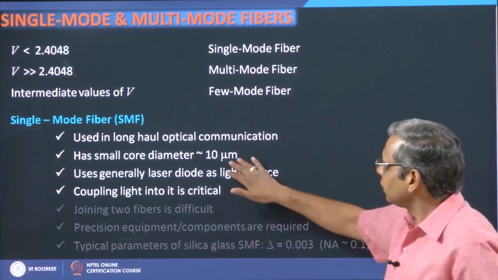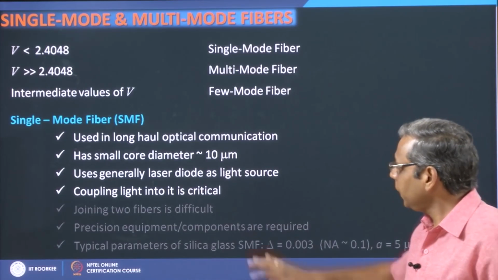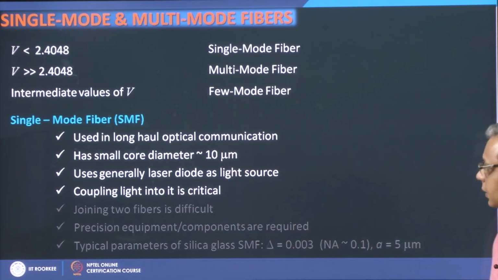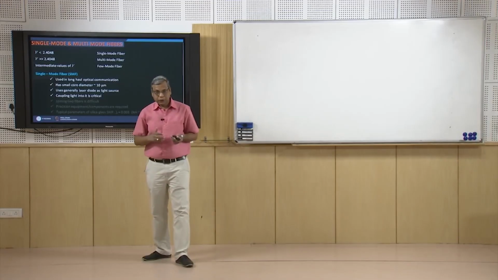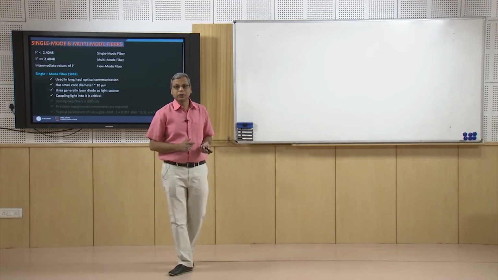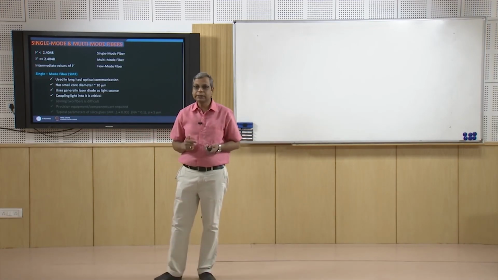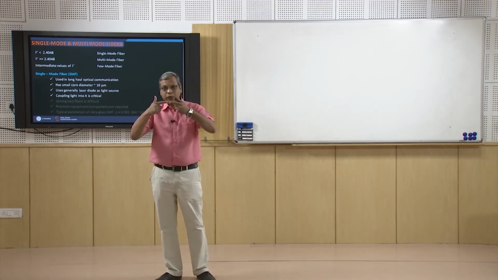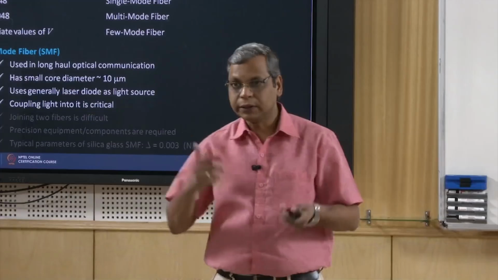Since its dimensions are very small, coupling light into this fiber is critical, and since you are using it as transmission fiber to carry data over long distances, you will have to join two fibers at some point.